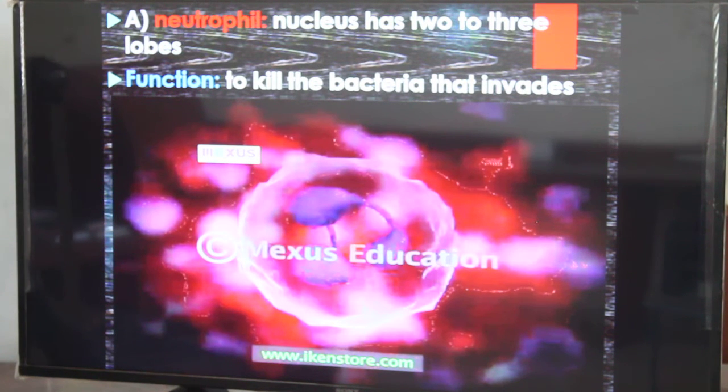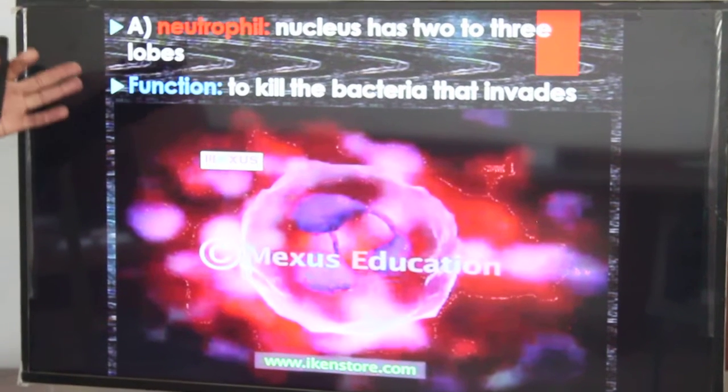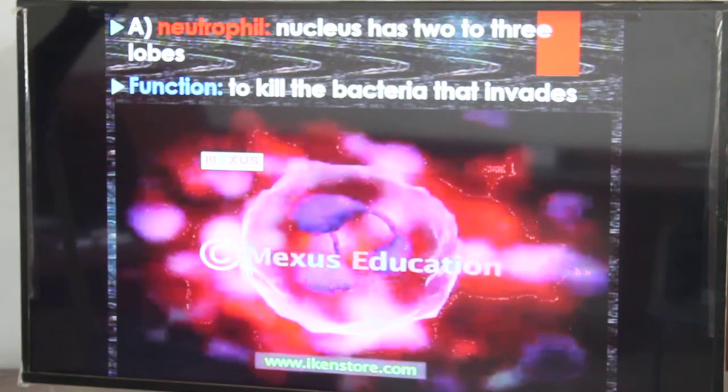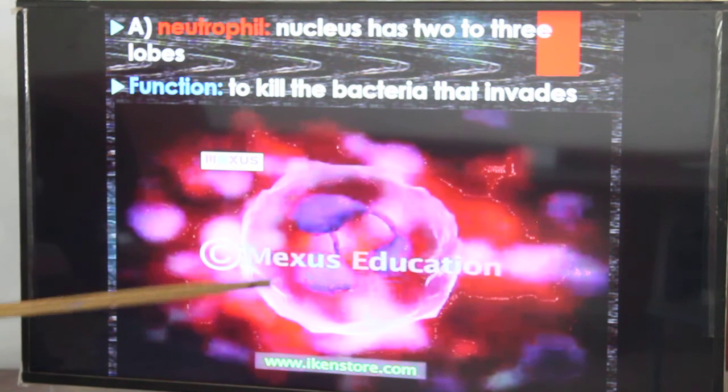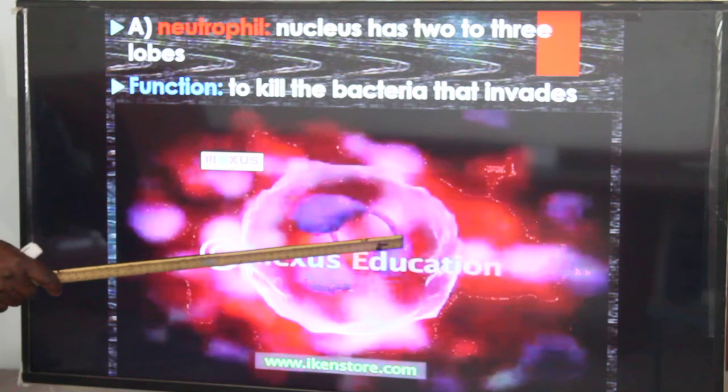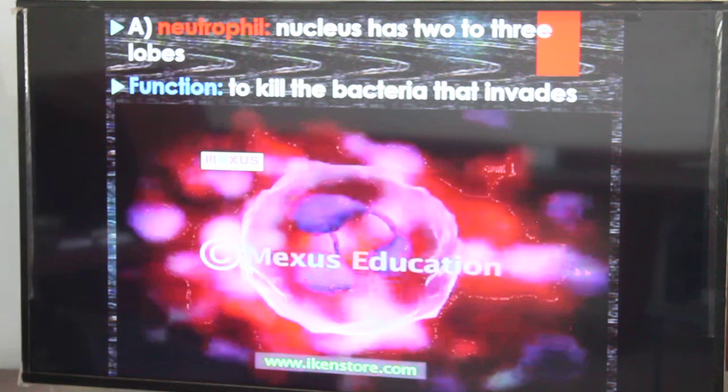Now, what is the unique feature of Neutrophils? The unique feature of Neutrophils is that they have a nucleus with 2 or 3 lobes. So the nucleus can have 1, 2, 3 lobes. A 3-lobed nucleus.